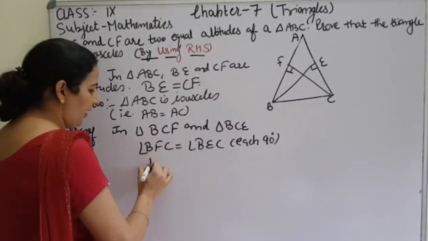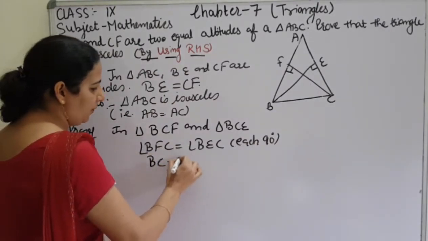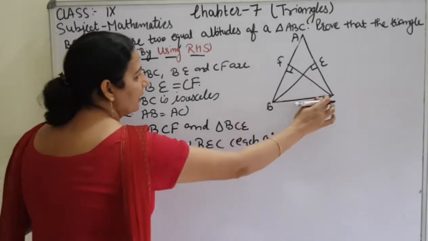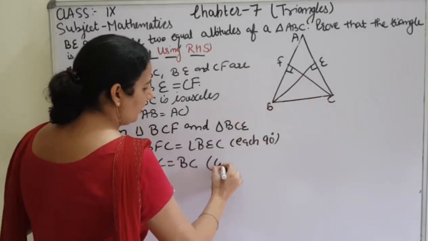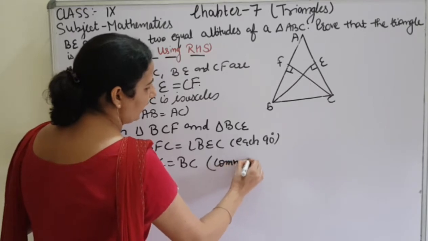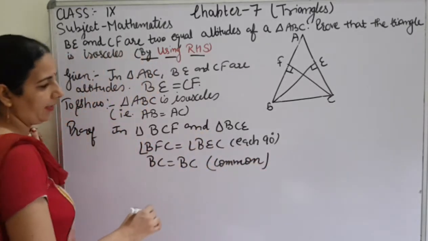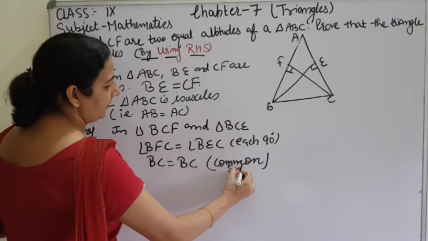Then in the second one, BC is equal to BC. Why? Because it is common. And this one is the hypotenuse for both the right angle triangles, a common side.